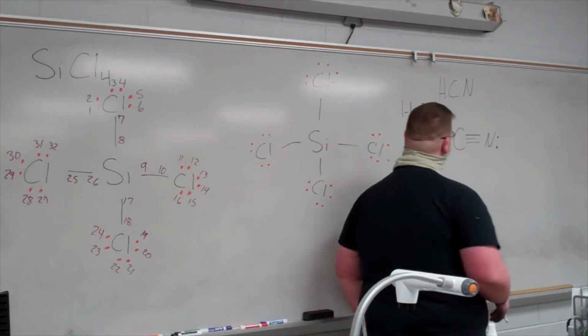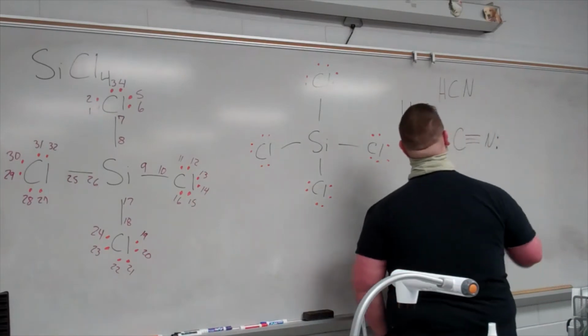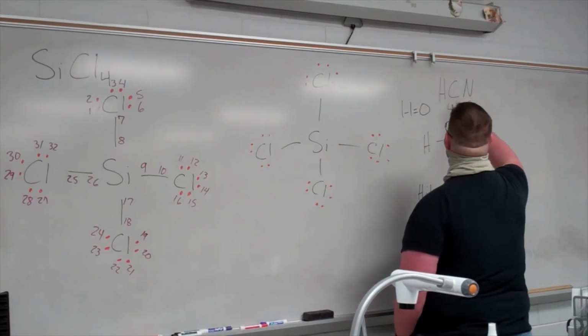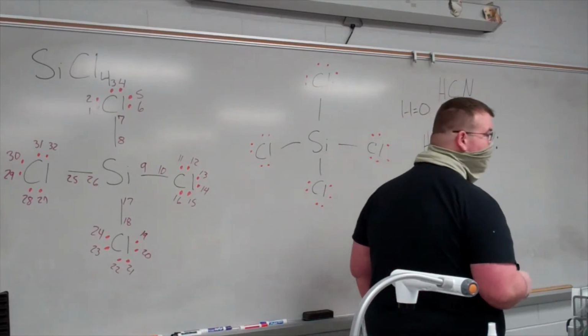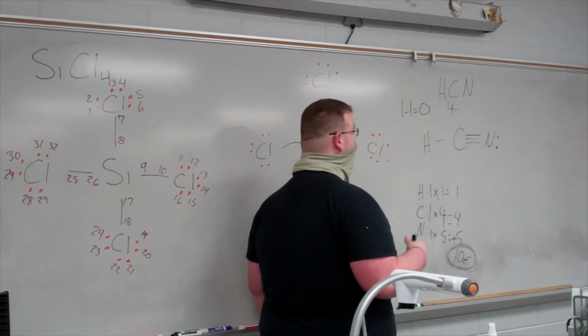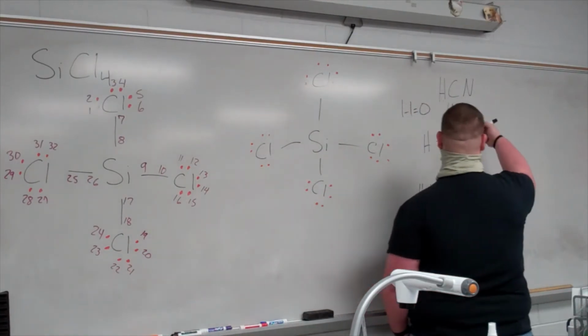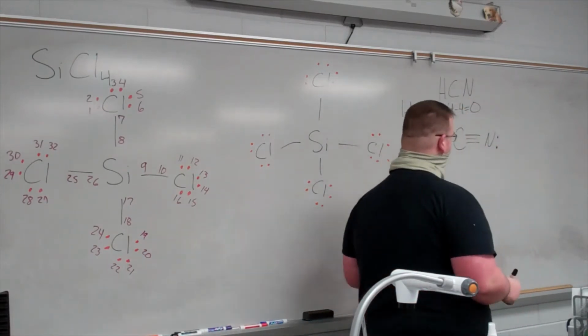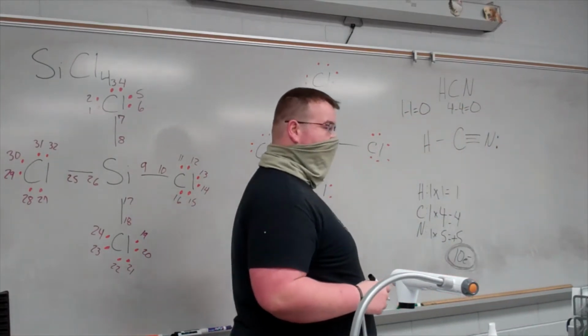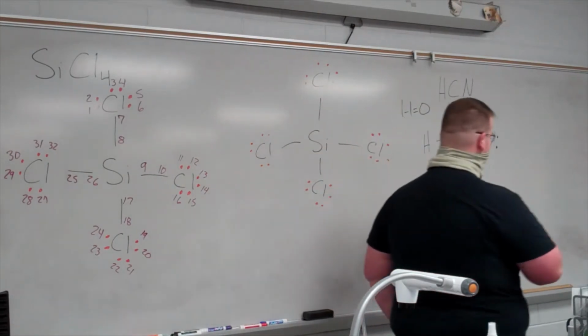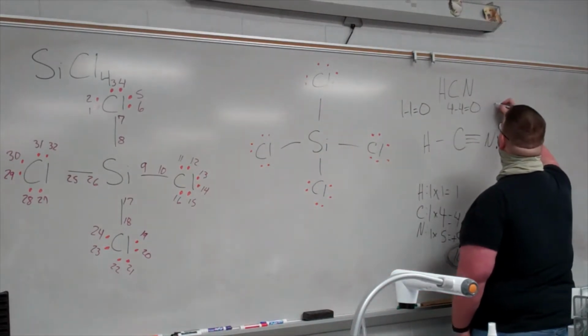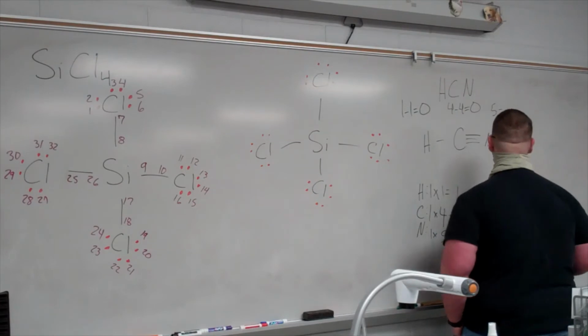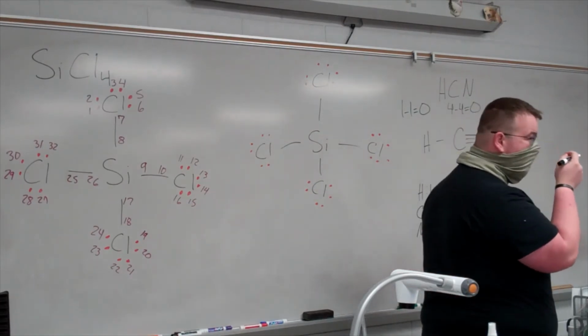All right, let's look at carbon. How many valence electrons does carbon normally have? 4, minus how many am I showing now? 4. Because remember, we cut these bonds in half. So 0 is neutral. All right, let's look at nitrogen. How many valence electrons does nitrogen normally have? 5, minus how many are we showing now? 5.